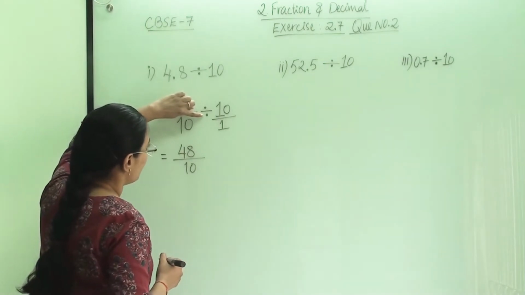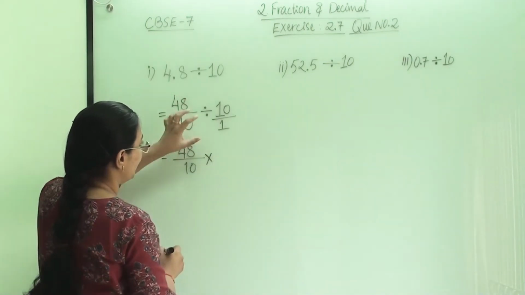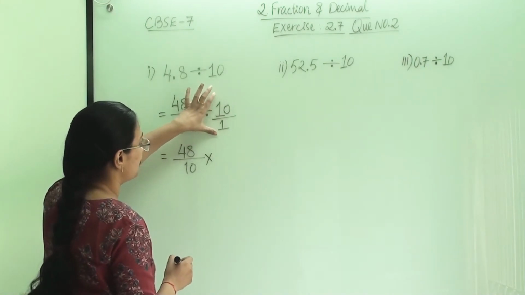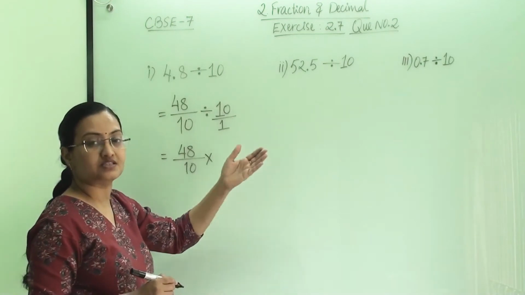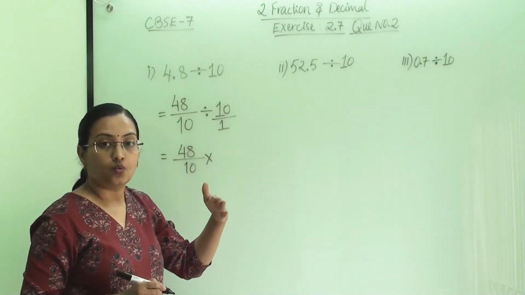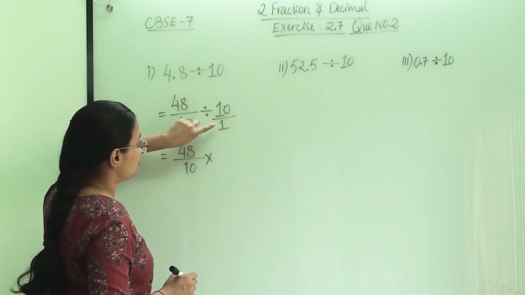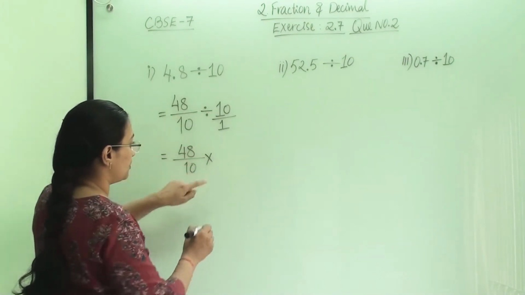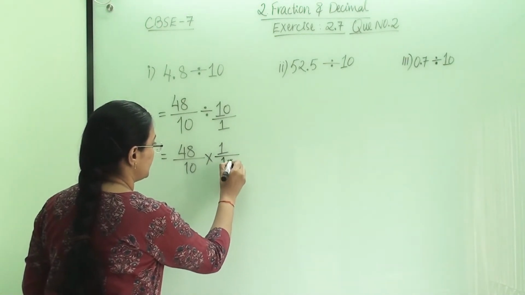Now this division sign we are changing to a multiplication sign, and then the next fraction, this whole number we have converted into a fraction, because whenever the whole number is there we can write 1 in its denominator. In 10's denominator 1 is there, so we need to take the reciprocal of that. So we are taking here 1 in division with 10.